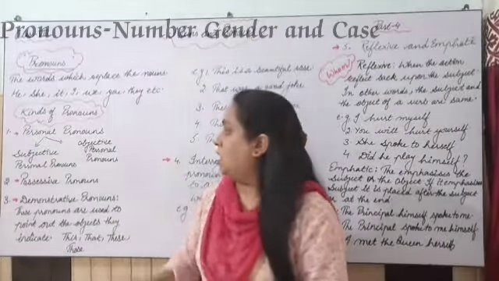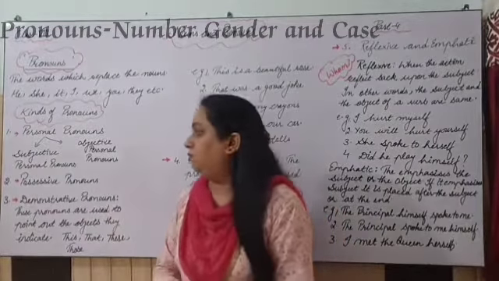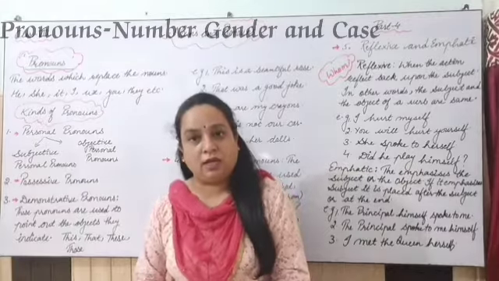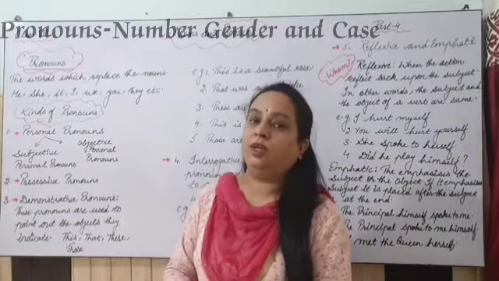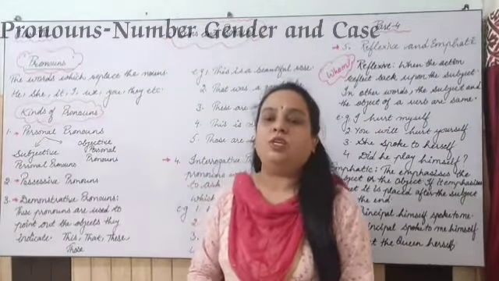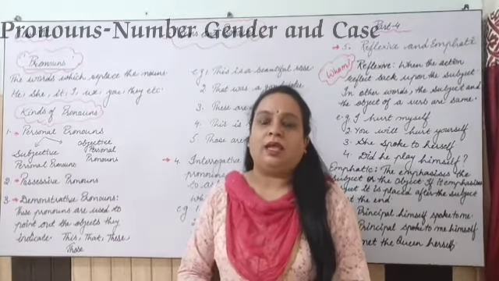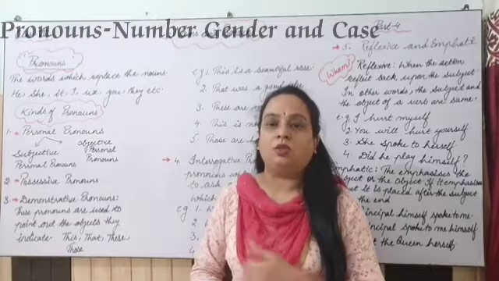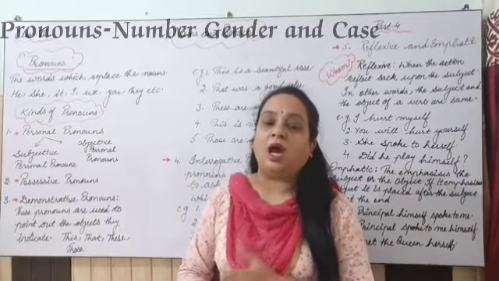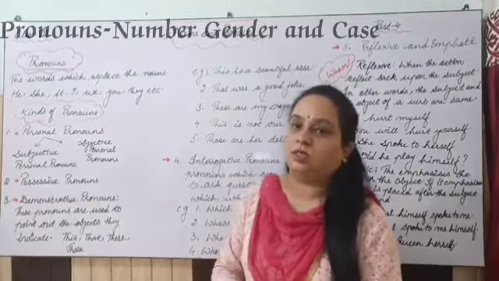Now we have discussed the second kind also, possessive pronoun, and we learned the pronouns which tell us about the possession and ownership of something, like his, hers, yours, mine, theirs, ours. These words are possessive pronouns.